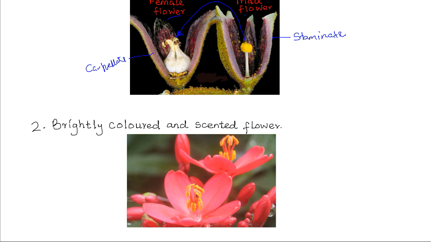So as insects come to land on this particular flower, they feed on nectar and then fly onto another flower. In the process, carrying pollen grains from this flower here onto the next one. So these attractants, the bright color and the scent, attract the insects, and as they move from one flower to another, they transfer pollen grains, thereby effecting cross-pollination.